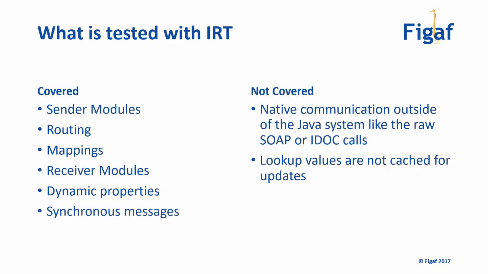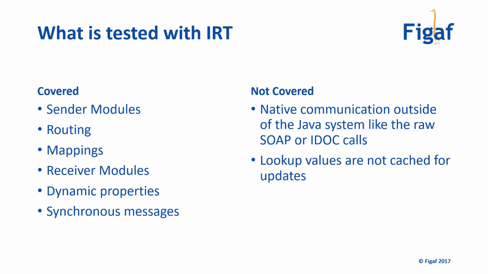So what are the tests that are covered in this? We're covering sender module, routing, mappings, receiver modules, dynamic properties, and synchronous messages. What we do not cover is the native communication.